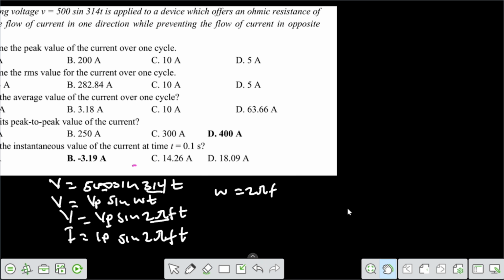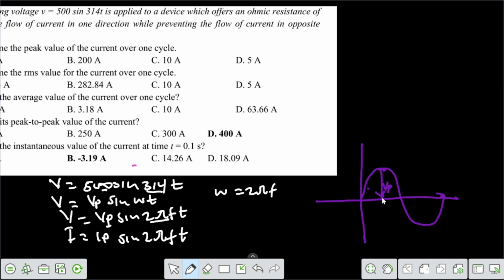Okay. So just look at something here. This is a cycle where we have an AC, sinusoidal in nature. Now we are saying that the peak voltage is from here to here, which is what we term as Vp, right?